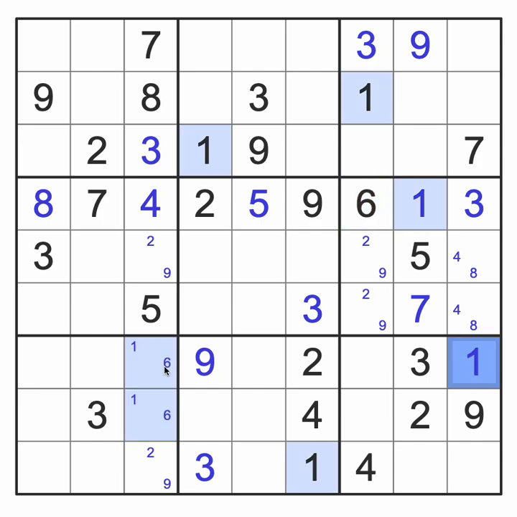And 1 is here, so this cannot be 1 but 6, and that gives me 1 here. That gives me 5 6 7 8. 6 will be here.